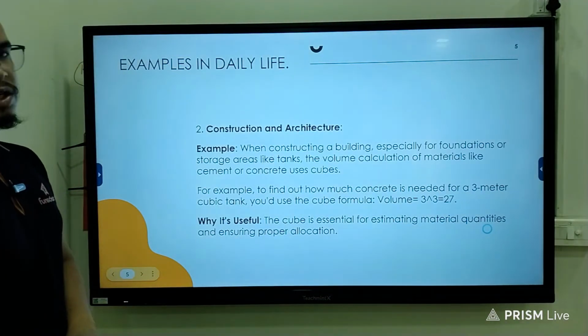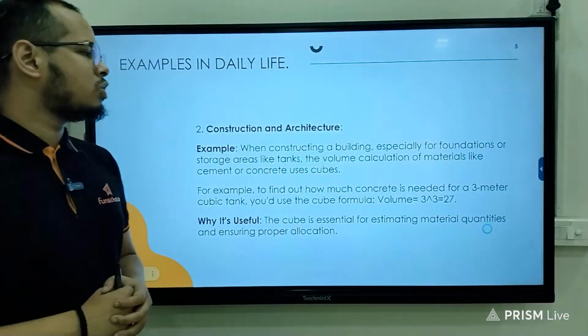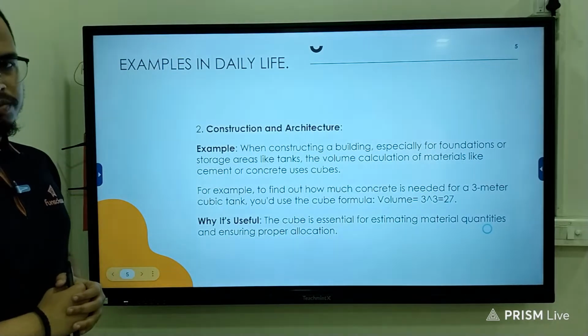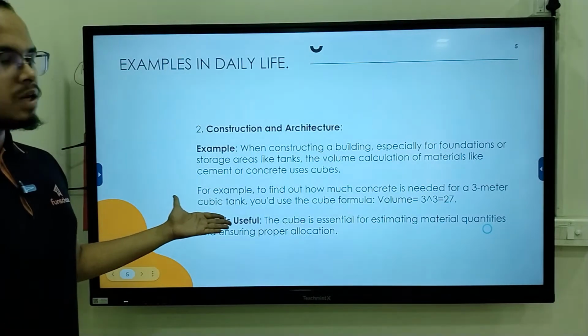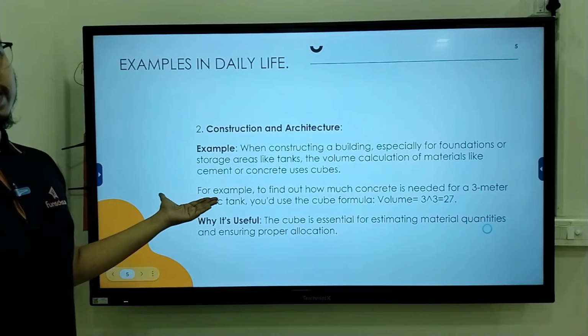Next, construction and architecture. Everywhere, if you want to find out the volume, like in this case, they want to find the formula for a cubic tank.